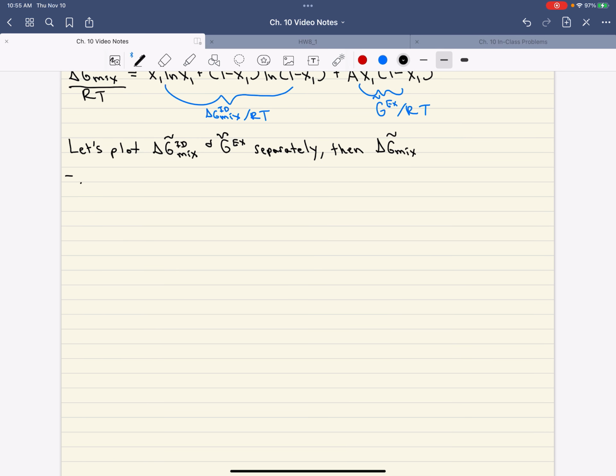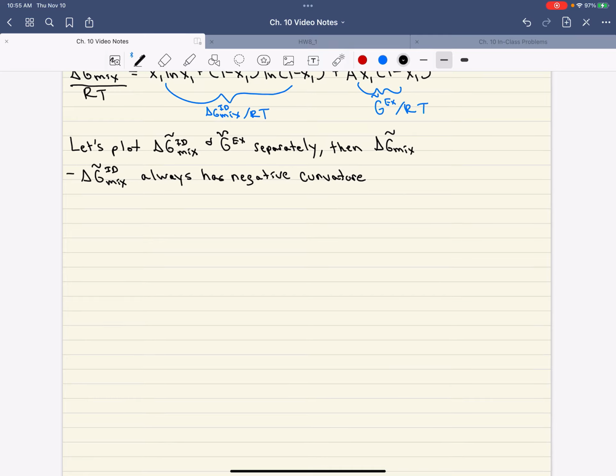Okay? And so, for the ideal solution, delta G of mixing, it's always going to have a negative curvature. Okay, so it's just going to be a parabola. Okay?